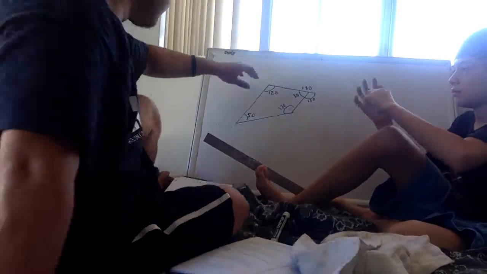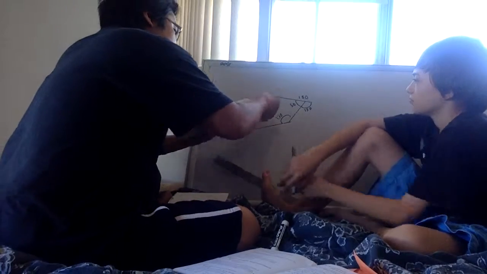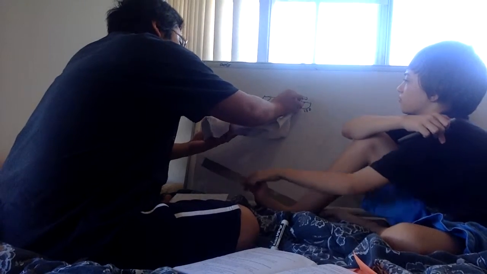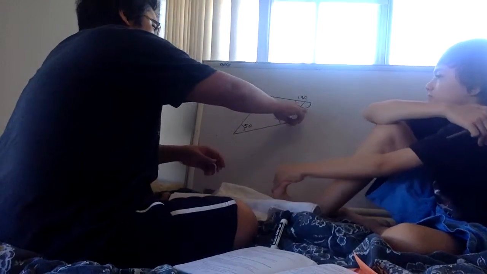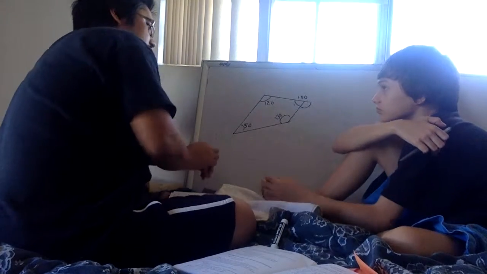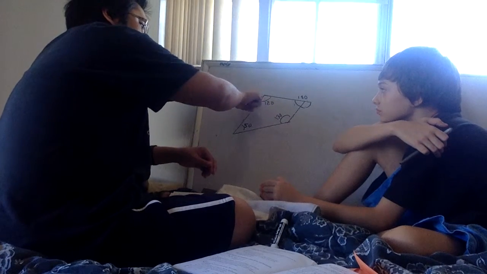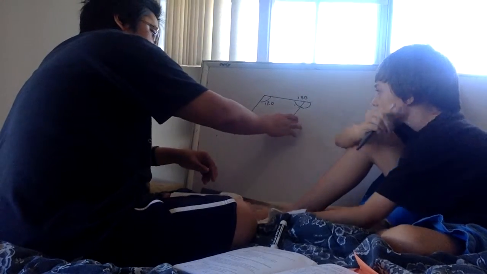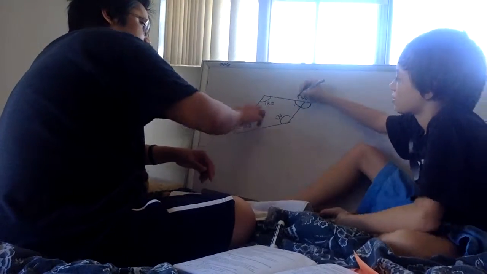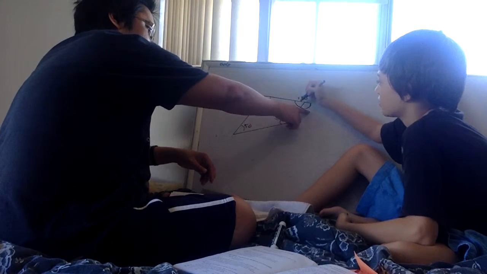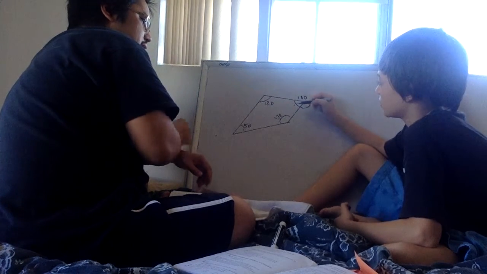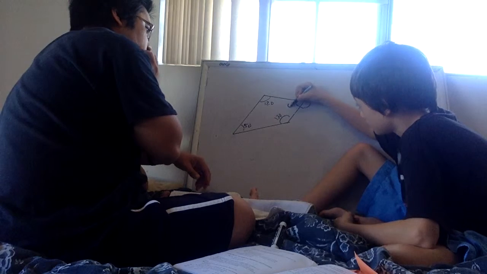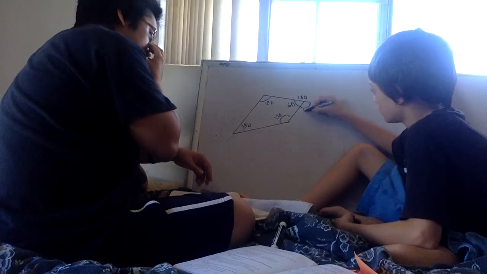No. See this angle right here? It's the same as this angle over here. Just like this angle right here is the same as this angle right here. So this is 120, that's 60. Good. Good.